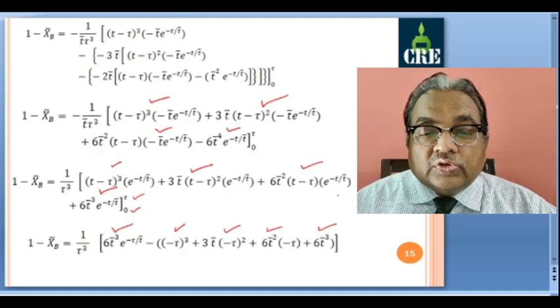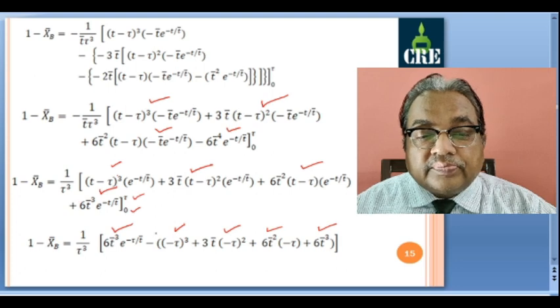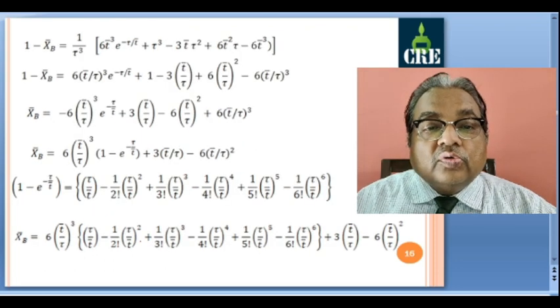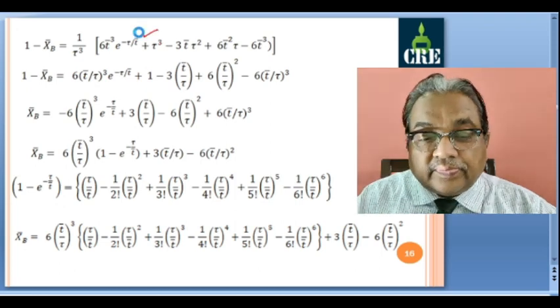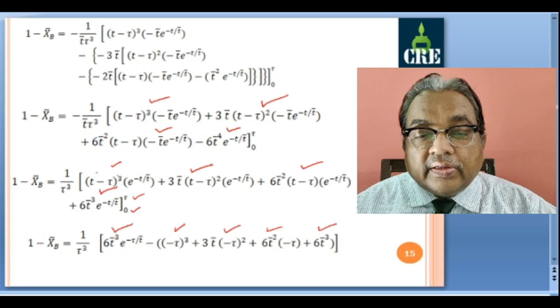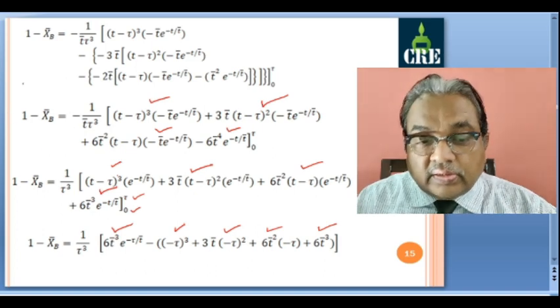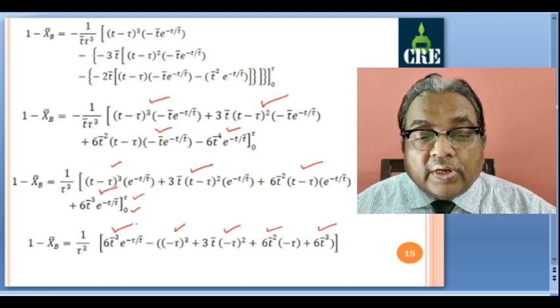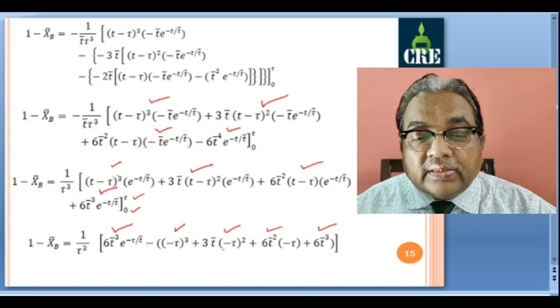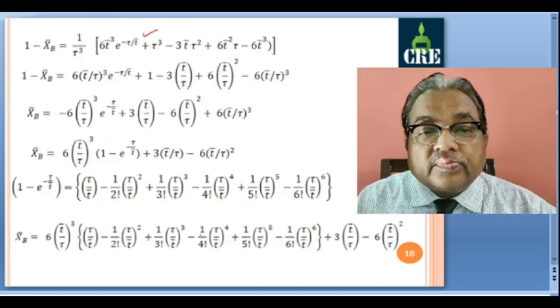Okay, so look at the signs here. Minus tau cube is minus sign, minus minus becomes plus. So here I have this plus sign. Again look at this, plus 3t bar minus tau whole square is plus sign here, and with this minus sign this becomes minus.